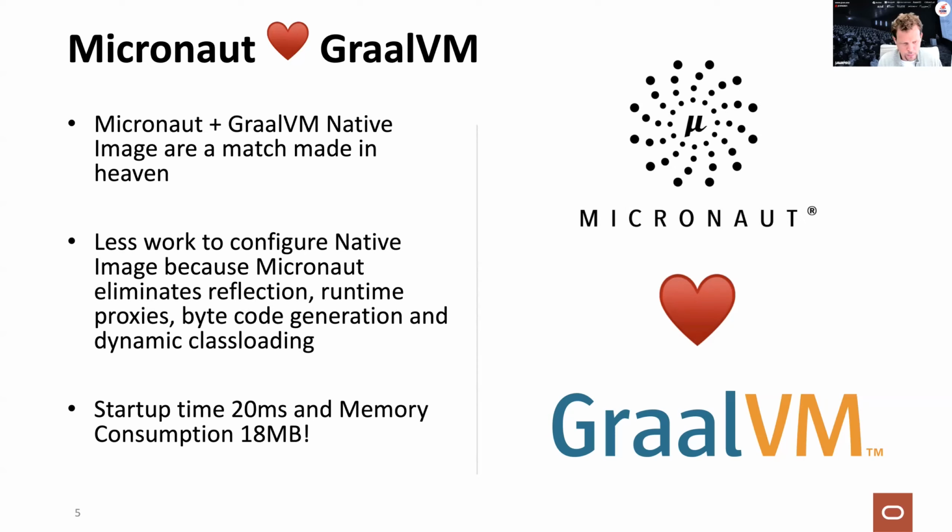There's no dynamic class loading. And once you have a native executable, your application starts up in 20 milliseconds and significantly reduces the memory consumption, which is awesome if you're looking into, for example, serverless or low memory footprint microservices, command line apps, lots of different use cases for Micronaut plus GraalVM.